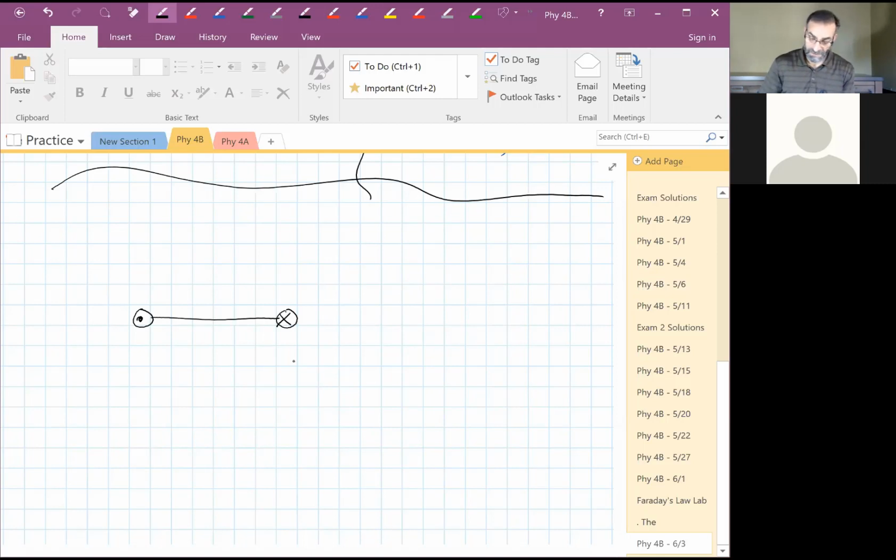On the left, the current is coming toward us. Current is coming toward the camera on the left. So I put my thumb in the direction of the current, and I know I'm going to get small circles forming around it that make the magnetic field, something like this.